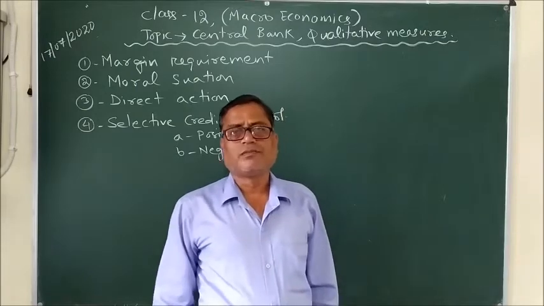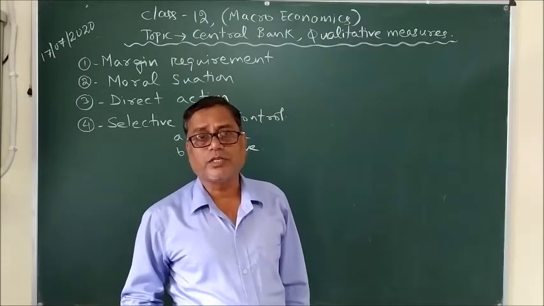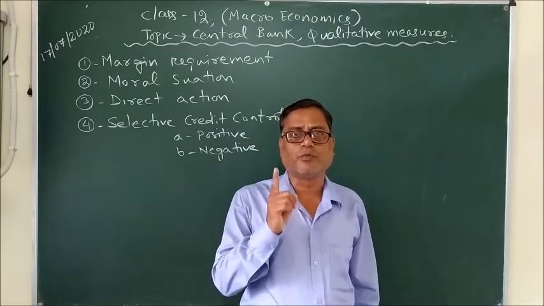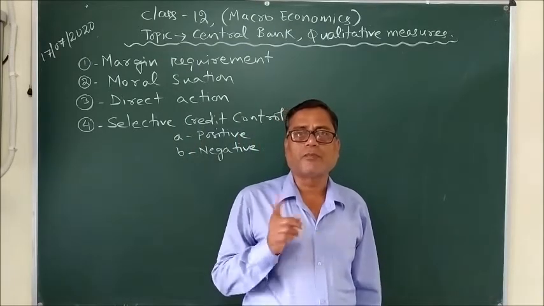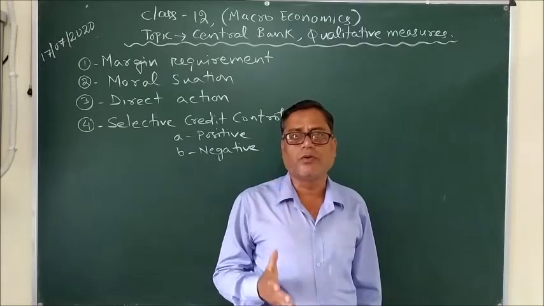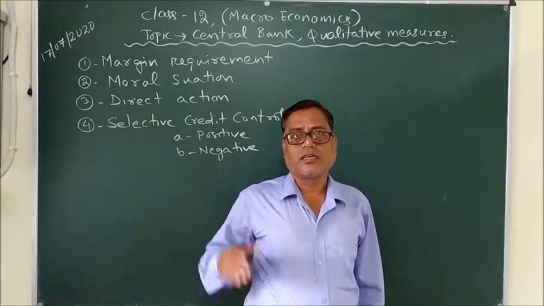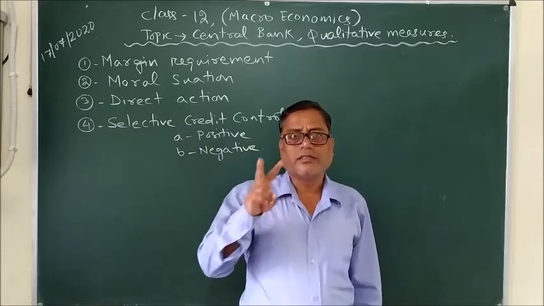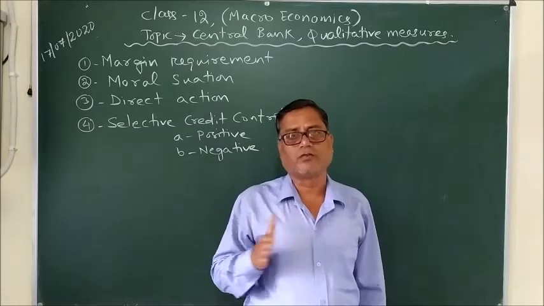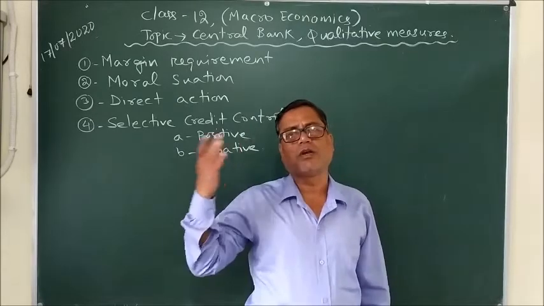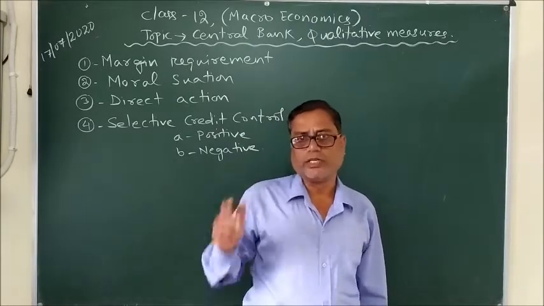That means if an investor gives a security worth 100 rupees, he will be supplied with a loan equal to 80 rupees only. So that 100 minus 80, that 20, is the margin requirement. That means 20% less than the actual value of the security.